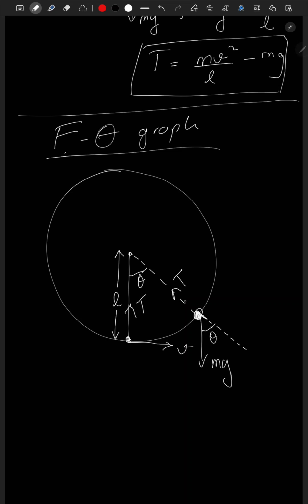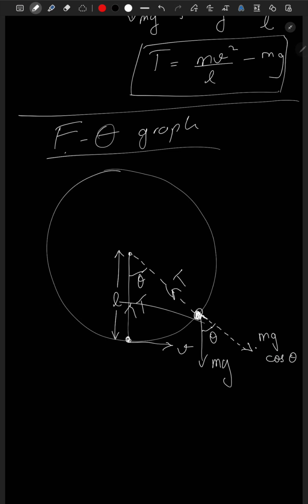So this is mg cosine of theta, because this is mg and this is the angle theta. And we can say that the tension is T, and T balances mg cos of theta.